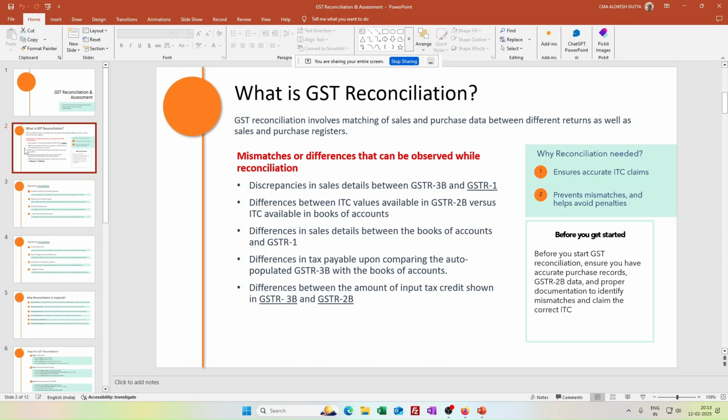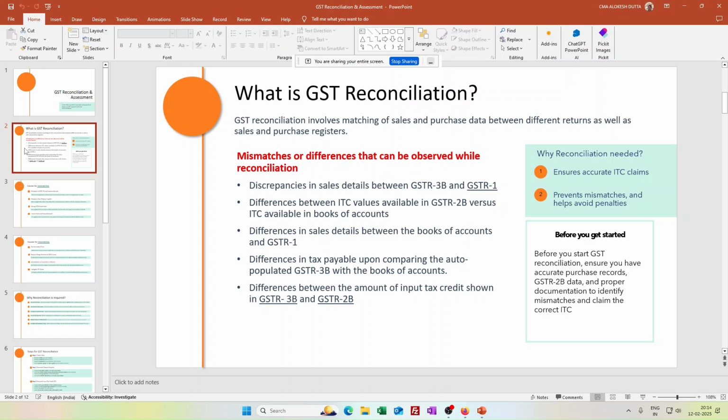So if you do not reconcile, you cannot catch hold of the person who has not uploaded the GST. As per the GST Act, if you don't have any GST available in GSTR 2B, you cannot claim that ITC. Previously 10%, 5% more was available: you could take whatever amount was reflecting in GSTR 2A.